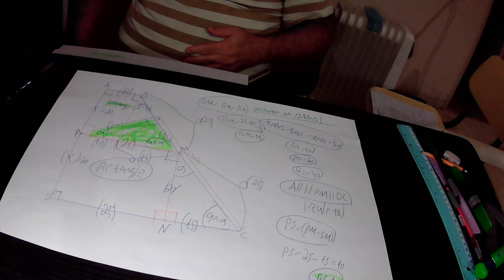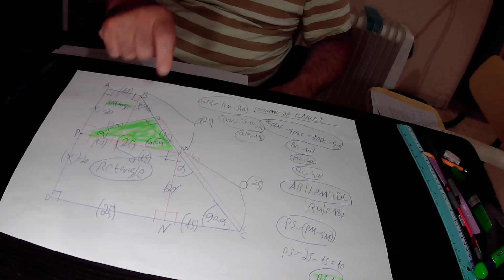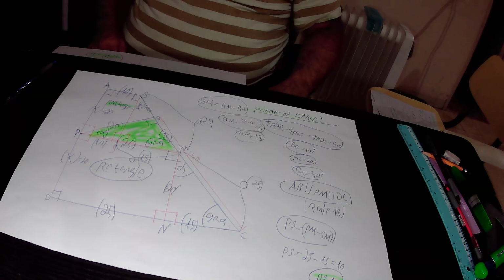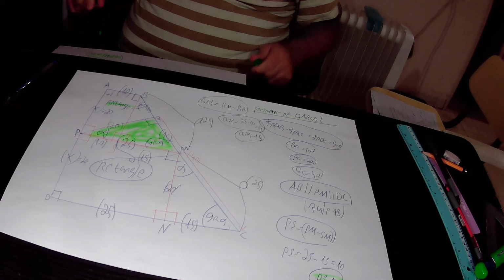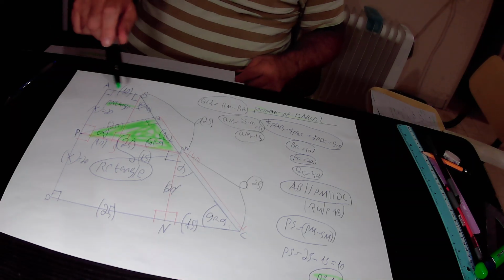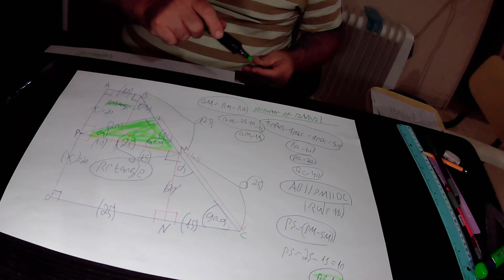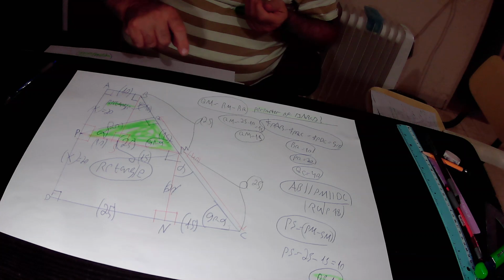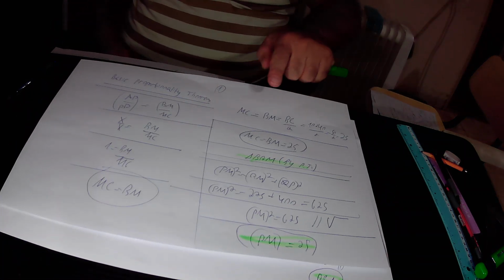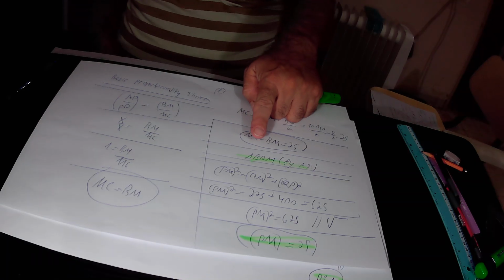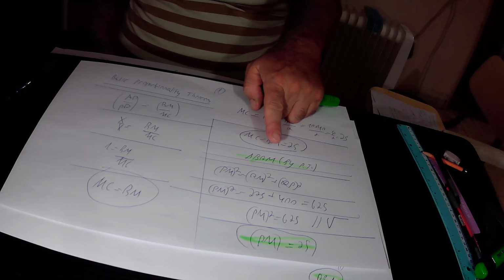In the next step, we implement the Pythagoras theorem in this right triangle PQM. According to the Pythagoras theorem, in any right triangle, the square of the hypotenuse equals the sum of the squares of the perpendicular sides. So in the right triangle PQM, PM squared, that is the square of the hypotenuse, equals PQ squared plus QM squared.